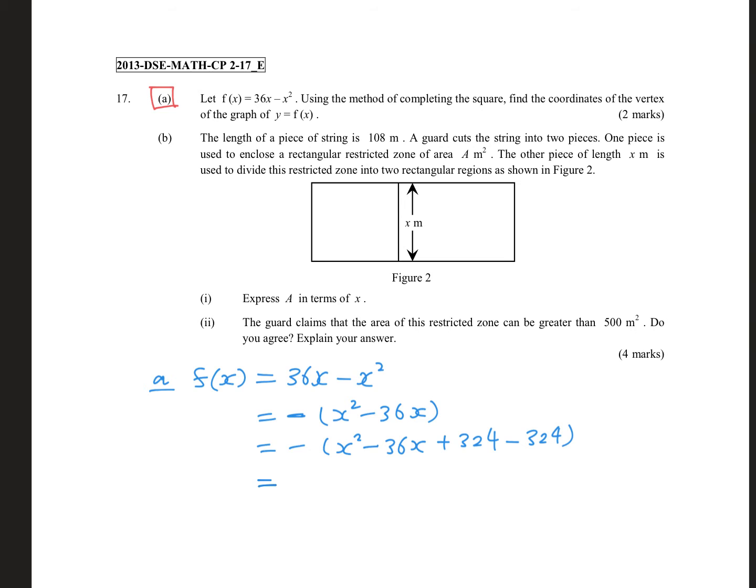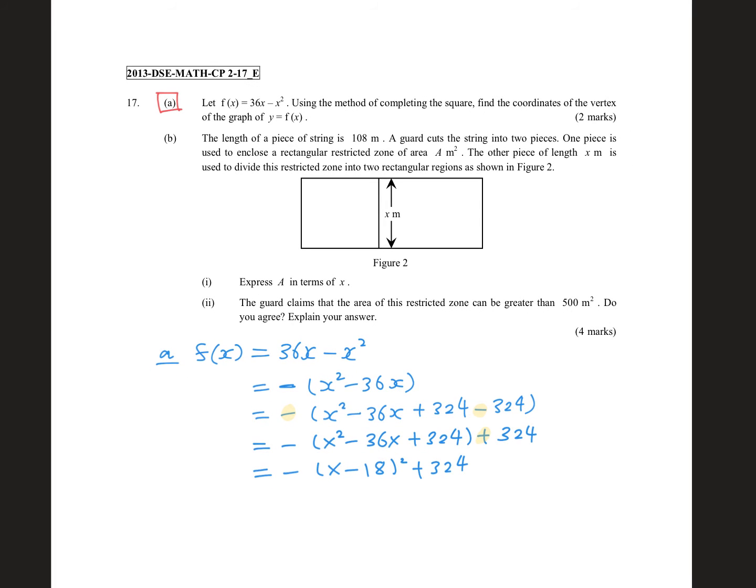And then we only need the first 3 terms. Minus times minus becomes a plus sign. The first 3 terms, by using the formula or of course your mental math, would be a perfect square.